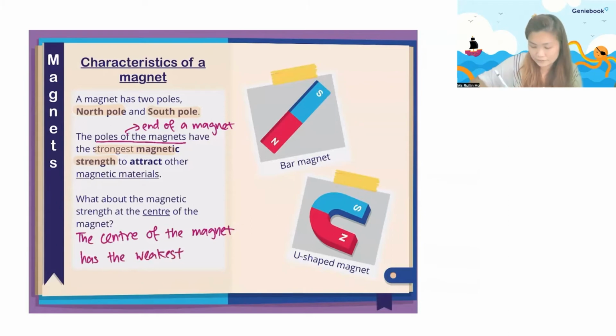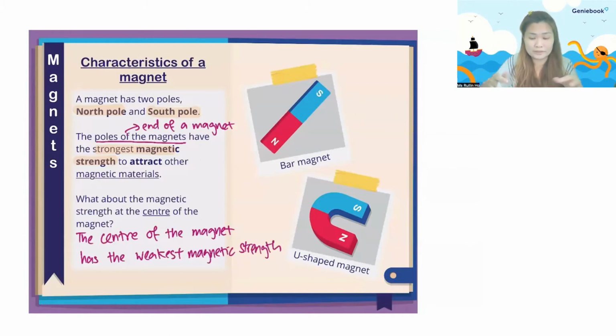It has the weakest magnetic strength. If you drop a bar magnet into a bowl of paper clips, the ends, which are the poles, will attract the most paper clips, while the center will attract the least or even none.